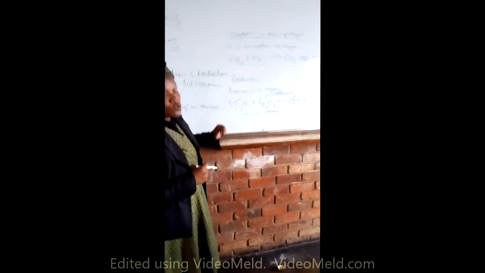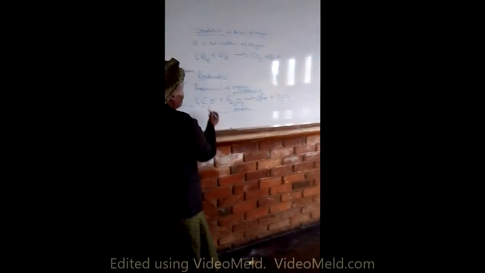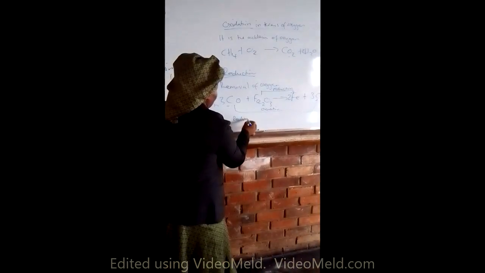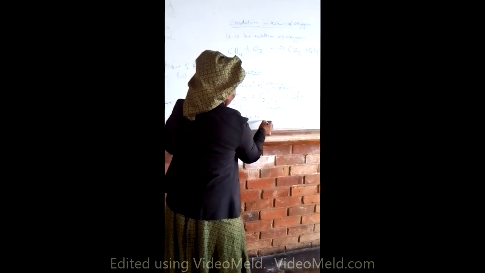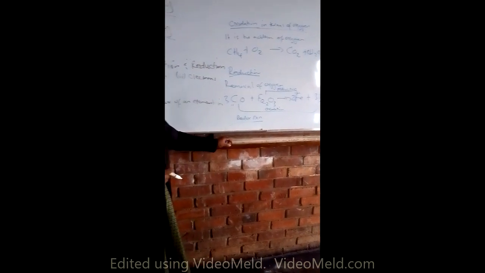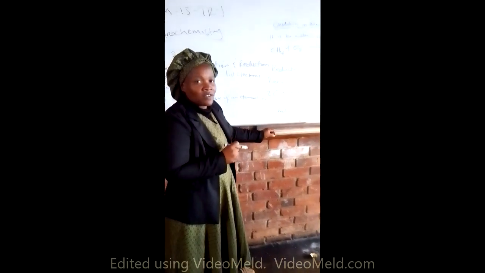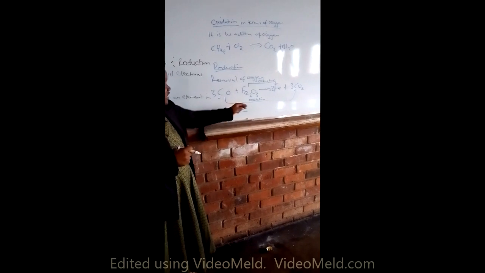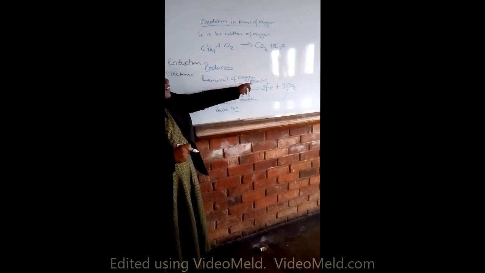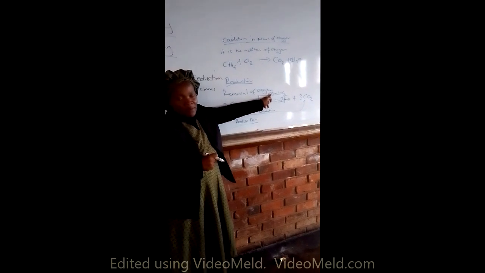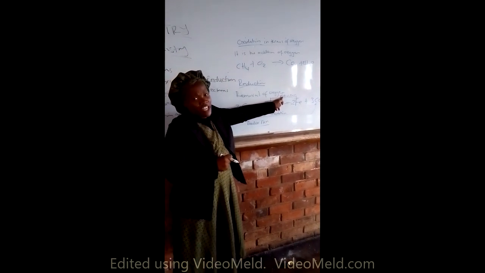These two are examples of redox. These are redox reactions. So what can we say a redox reaction is? A redox reaction is basically a reaction where oxidation and reduction occur at the same time within the same reaction.